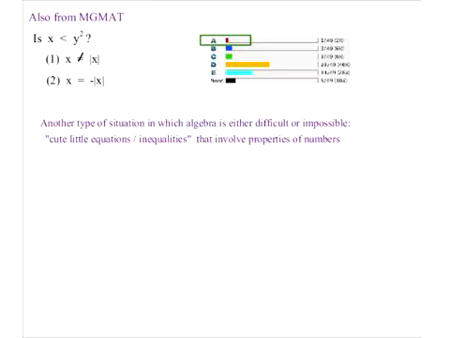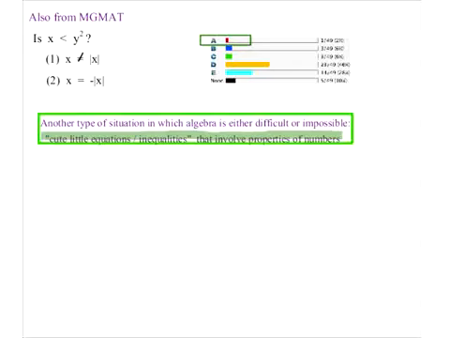You have to learn that through experience. So what is the property of numbers that applies all over this question? Remember, when we say properties of numbers, we're talking about odd, even, positive, negative, integer, fraction, stuff like that. What does all of this have to do with?